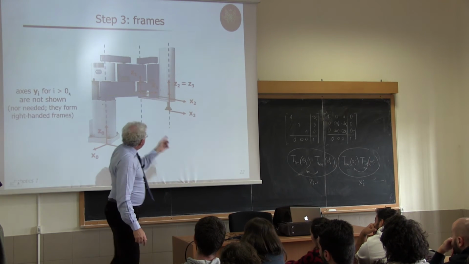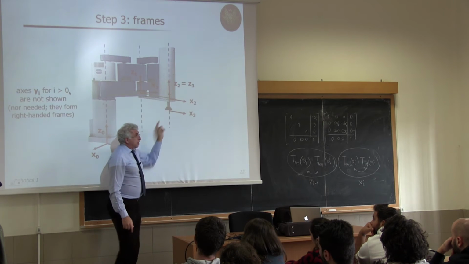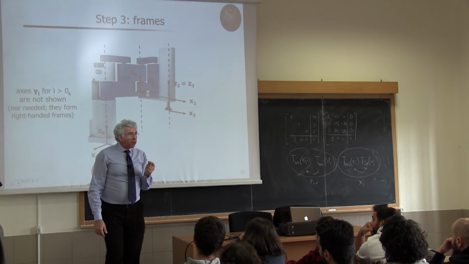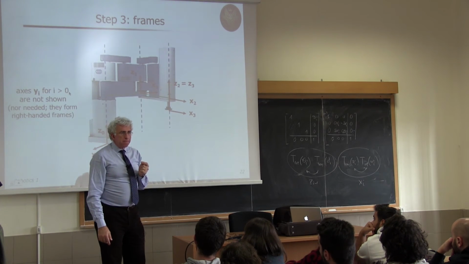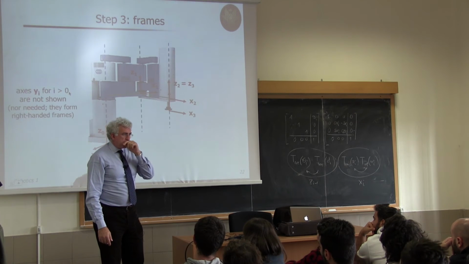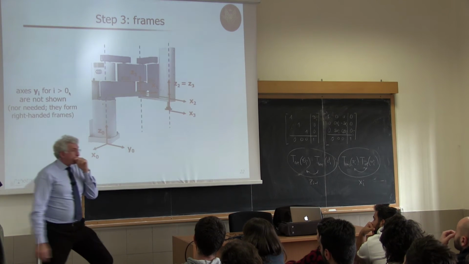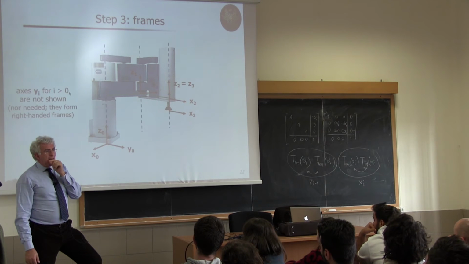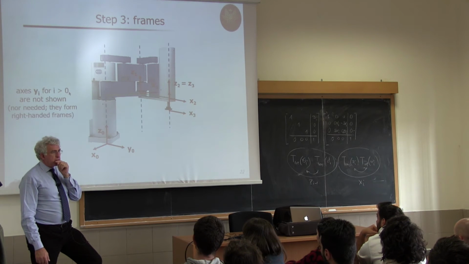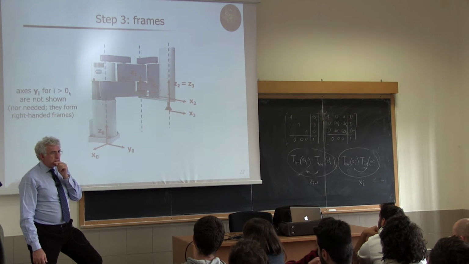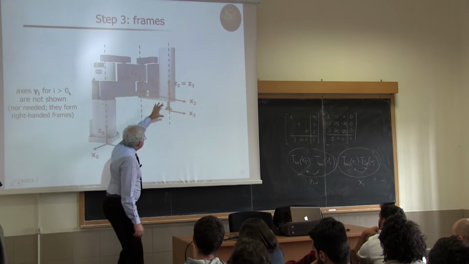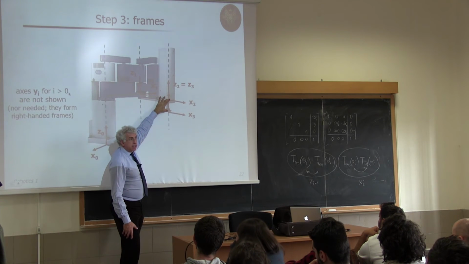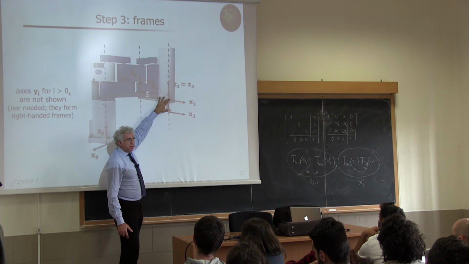Okay? And now in this configuration, for instance, is D3 or Q3 positive or negative? It's this distance, huh? Only it carries a sign, so is it positive or negative?